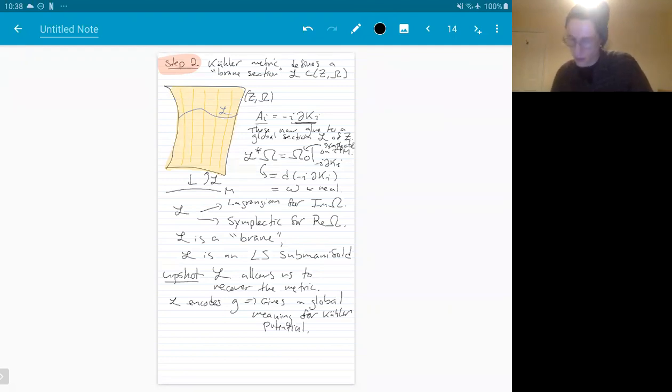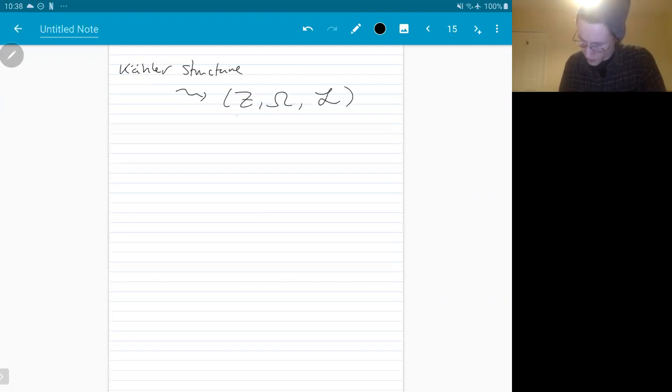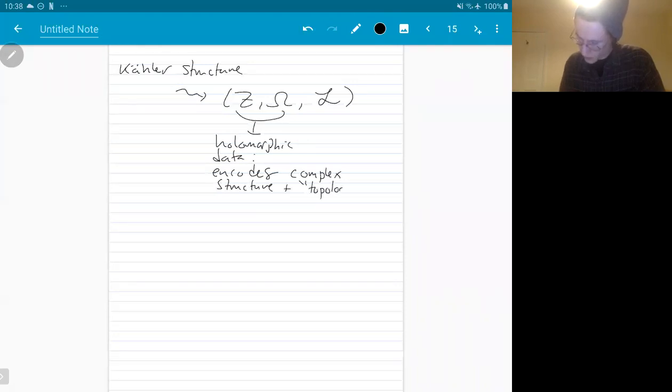So that's the basic idea, that we encode a Kähler structure. It gets converted into this data. So this is the holomorphic data. And it encodes the complex structure plus the topology. Like it encodes the cohomology class of omega.